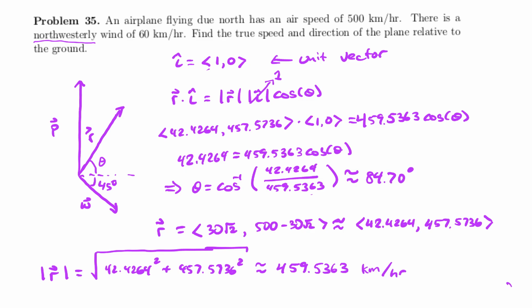And so we have a speed of 459.5363 kilometers per hour at an angle of 84.70 degrees.